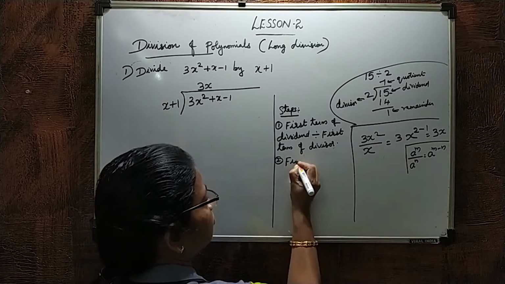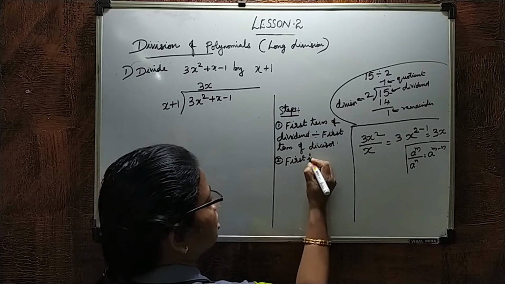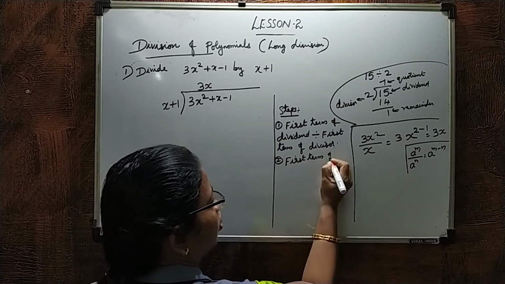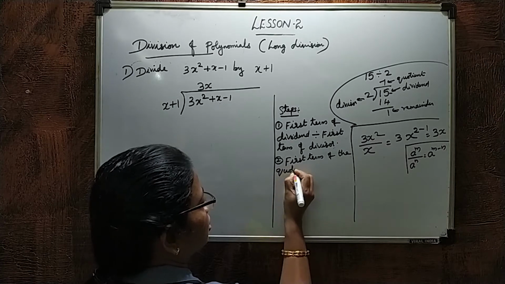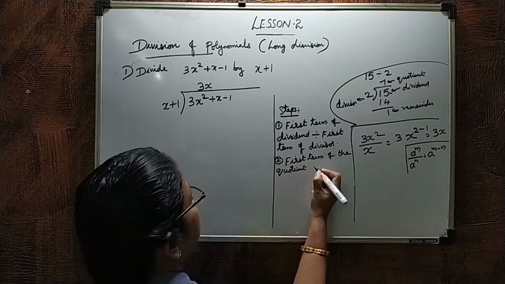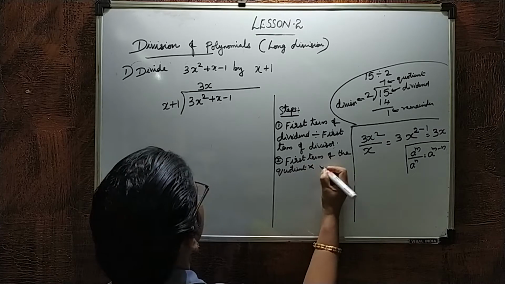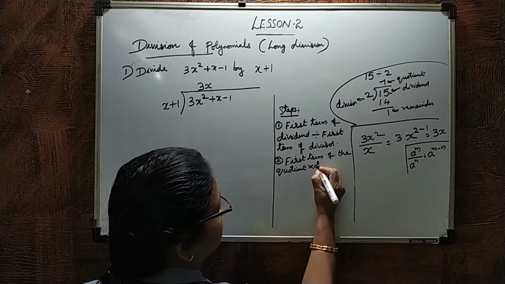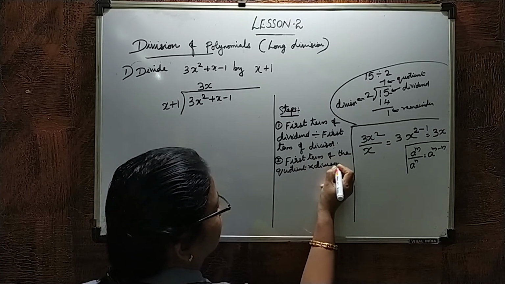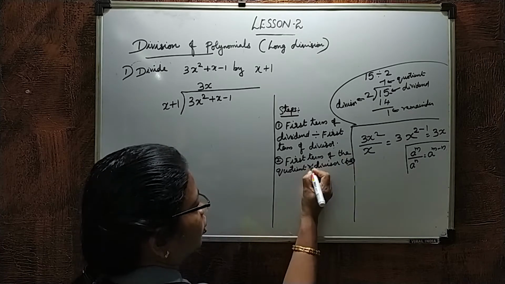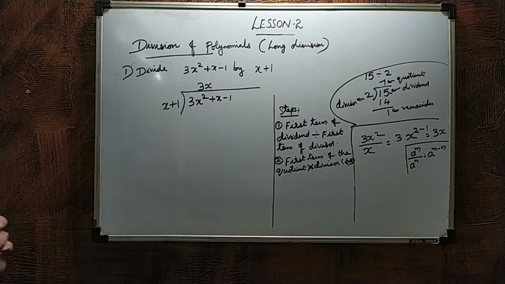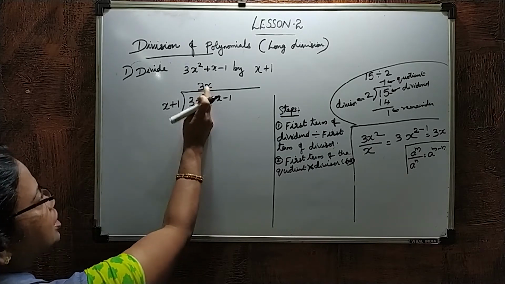First term of the quotient into divisor means fully you have to multiply. Okay, into, clear? Okay, first term of the quotient means 3x.